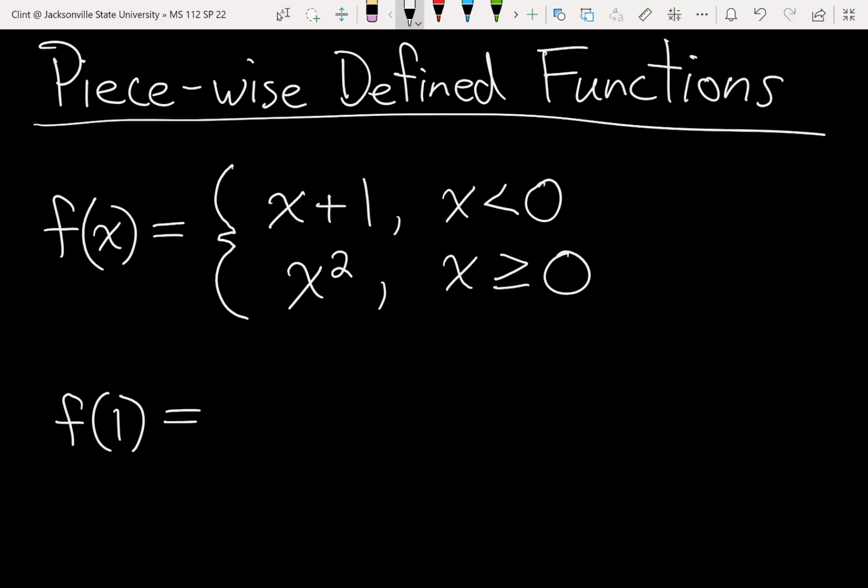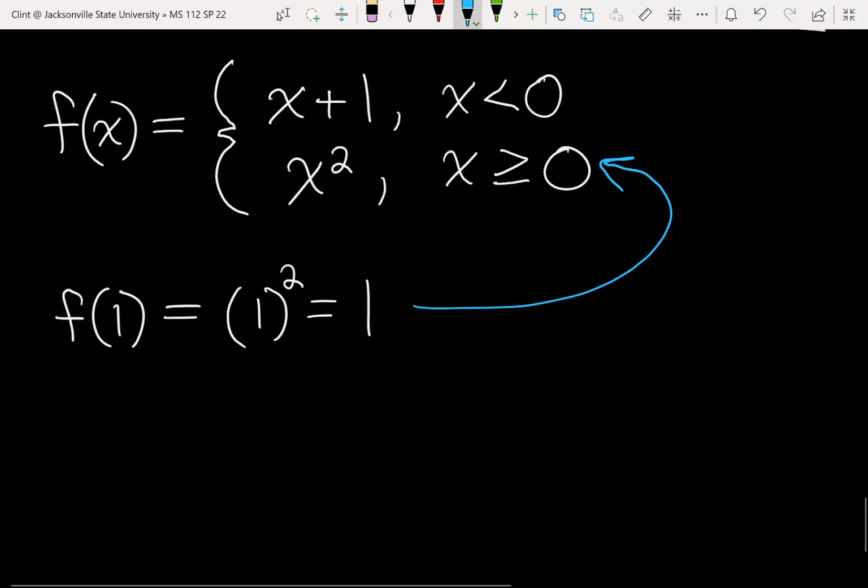So since 1's bigger than 0, that means we're going to use the bottom rule. So we would take 1 and we would square it and get 1. That's using this rule. You don't use both, because if you try to use both, you're going to get more than one answer, and then it's not a function. Okay. Just use the proper one.